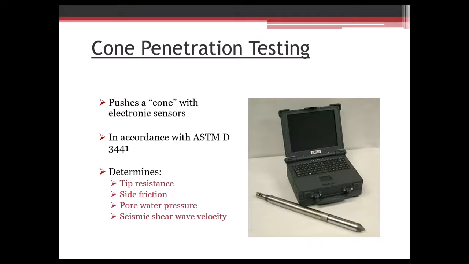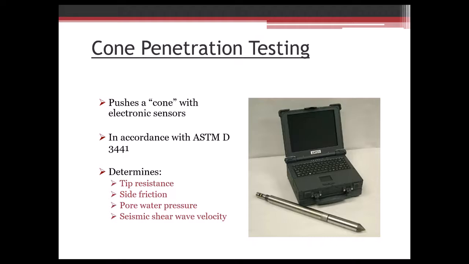So we're able to measure the seismic shear wave velocity by creating a wave. How we do that is underneath the back jacks of the drill rig, we put a steel I-beam in contact with the ground and use the drill rig weight to hold it down. And as we push the cone into the ground, we're pushing it at a slow, steady rate of about 2 centimeters per second.